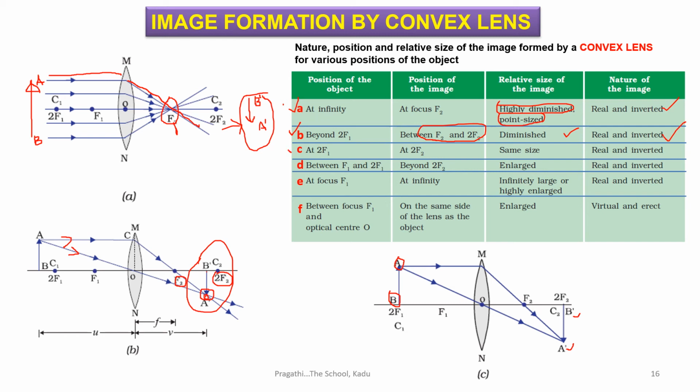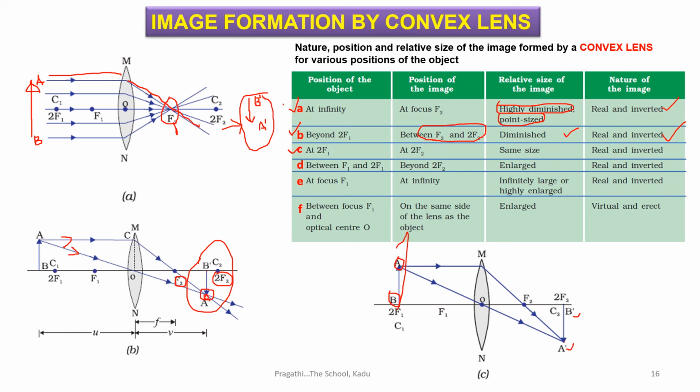Coming to position number C, that means at 2F1. You place the object at 2F1 and two rays should go. One ray is coming here and passing through F2. The second ray is passing through the optical center and here it meets.